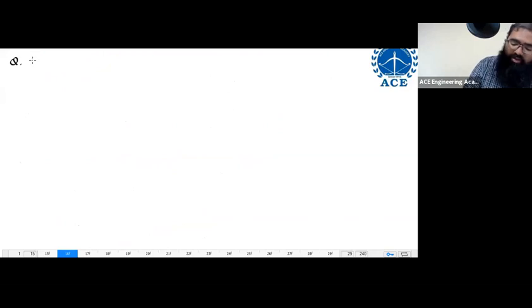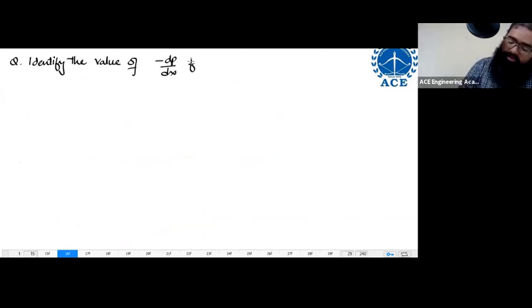The question is: identify the value of minus dp by dx for which discharge in Couette flow is equal to 0, 2 marks.